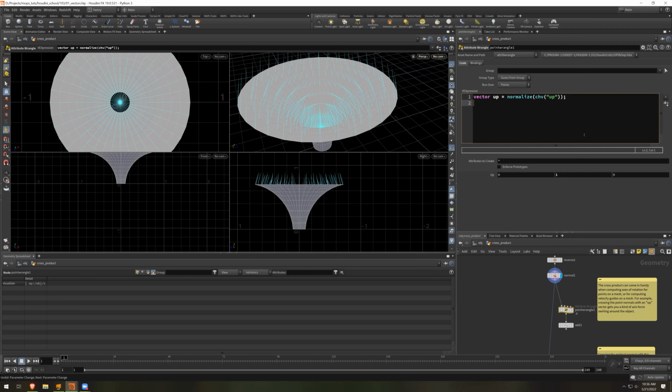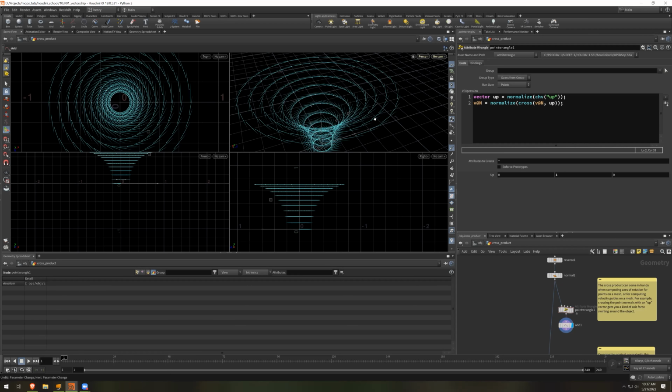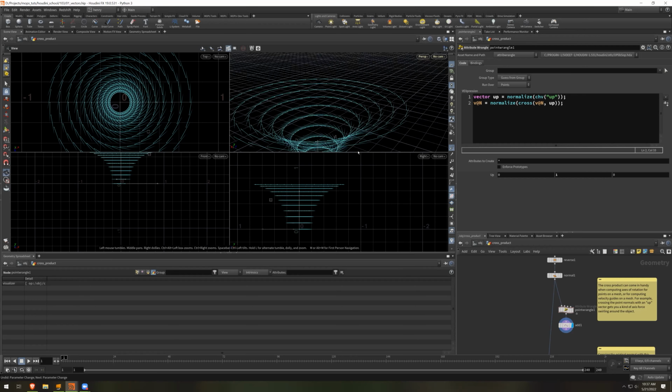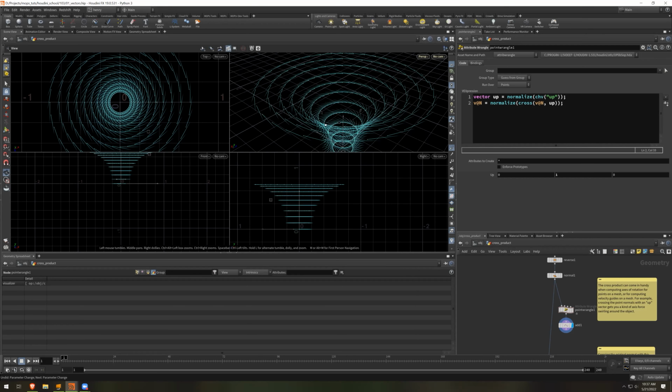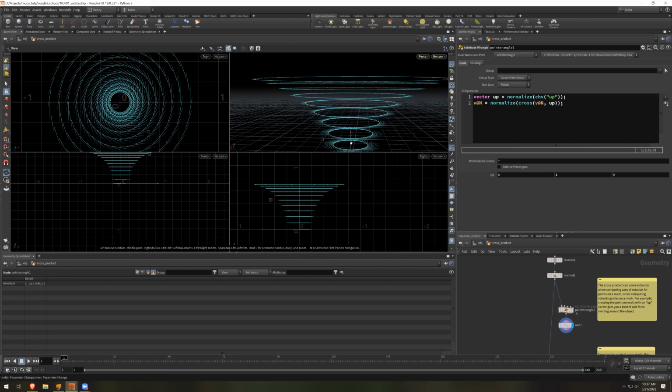Now I'm going to say n equals normalize. Again, we want to make sure that our vectors for this are normalized after the fact. And I'm going to cross the normal vector and the up vector. If I go down to this add node so that I'm not seeing the polygons necessarily, what you can see is now I get this swirl force where these things are following the direction of the surface, rotating around what I've defined as that up vector.